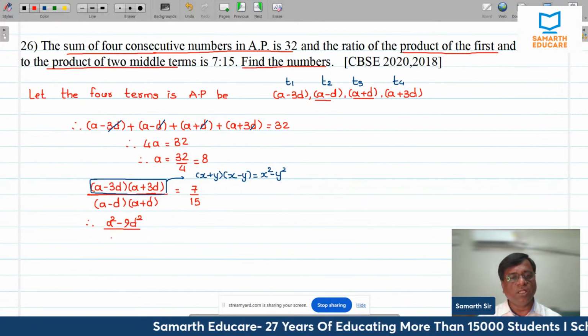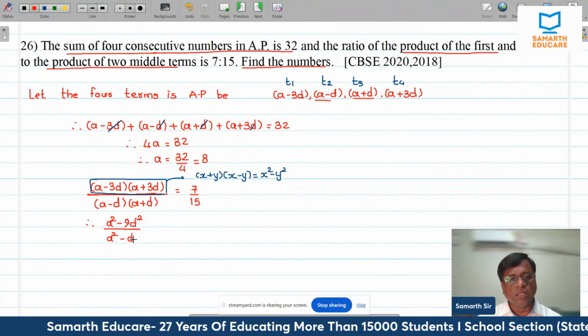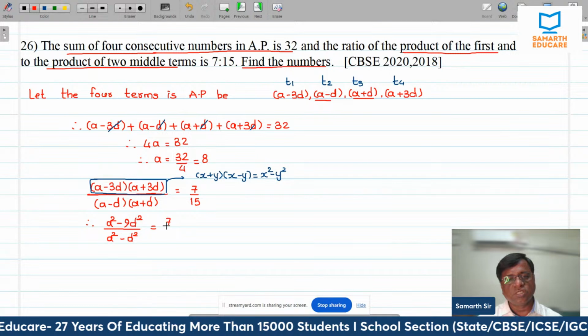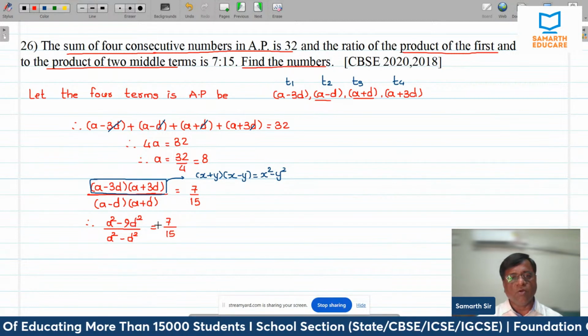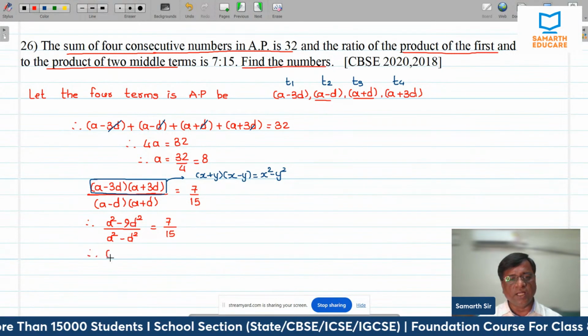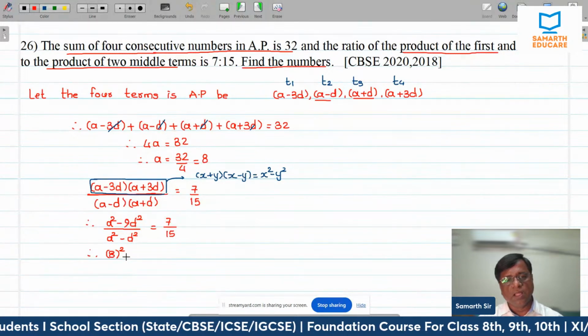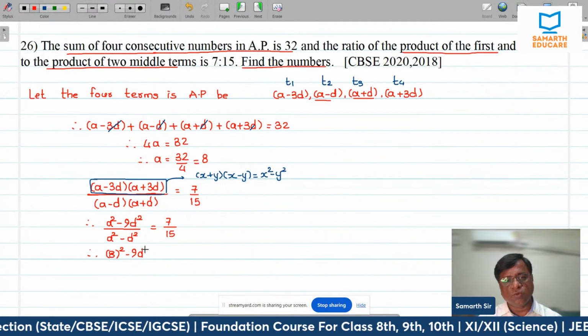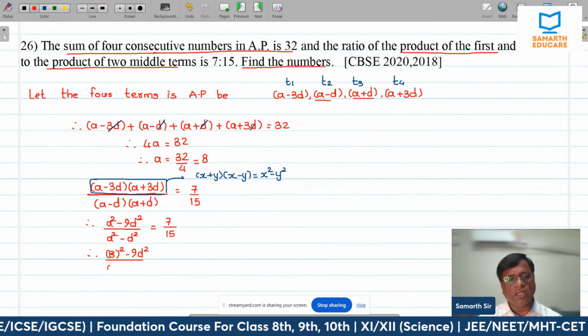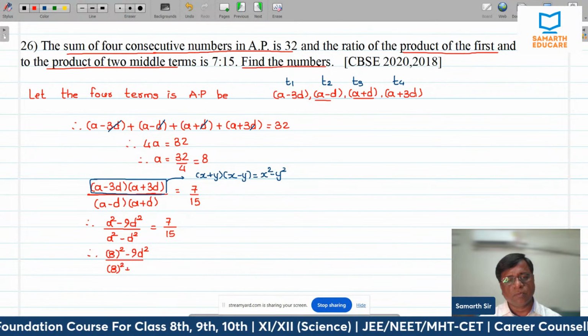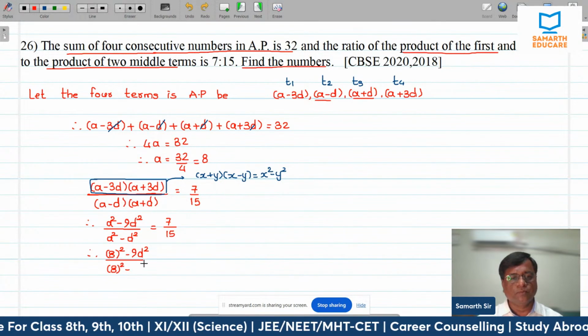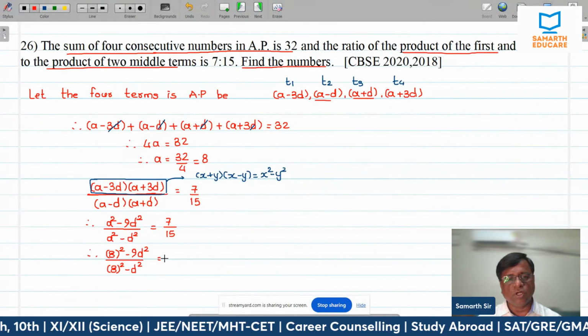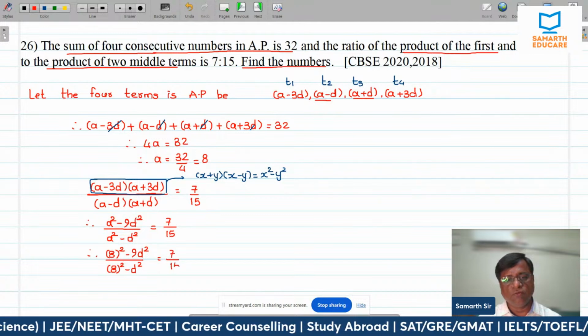Same in the denominator, this is a square minus d square is equal to 7 upon 15. Now remember, I have the value of a, that is 8. Square minus 9d square upon 8 square minus d square is equal to 7 upon 15.